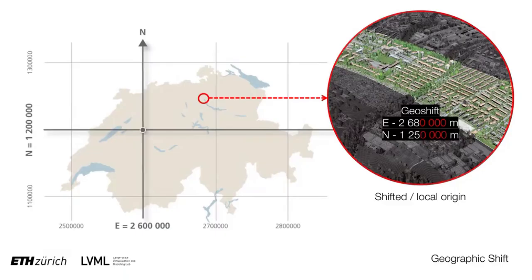When we work with this data set, the coordinates are very big. It's 2 million and 1 million meters. The trick is to temporarily shift that data set closest to the zero of the software. CloudCompare has this already as an automatic process. When you load a geographic located data set into CloudCompare, it will automatically open a window that proposes a geoshift.